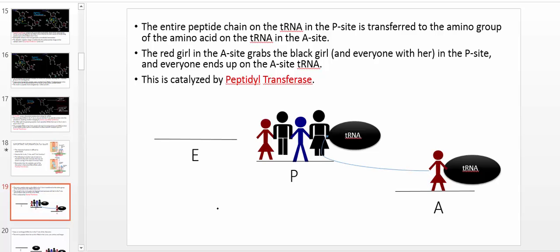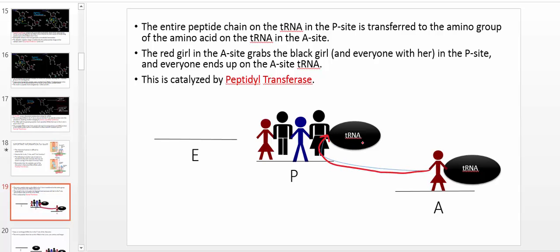And let's say I have another incoming aminoacyl tRNA, and this girl's the red girl. On one side, her hand's holding onto the tRNA, but she really wants to hold hands with this girl right here.